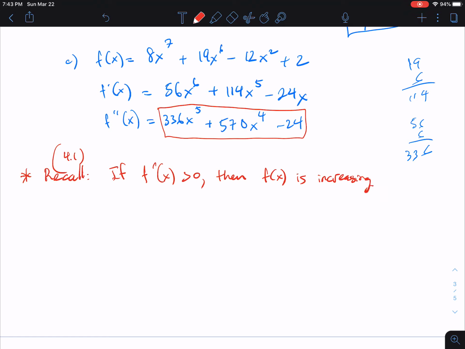And if f prime of x is less than 0, then f of x is decreasing. So we know that from the previous lesson 4.1, the relationship between the first derivative and the graph, or f of x values. In this lesson, we relate f double prime to f of x and its graph. And that's the goal there.